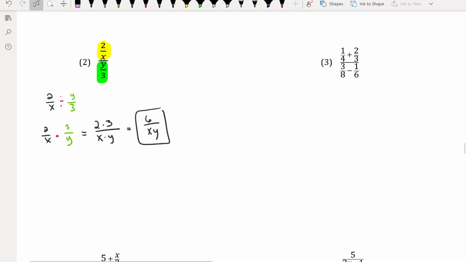Number 3, we have addition and subtraction within our complex fraction, and that's okay. Just remember that this is still my numerator, and I still have my denominator down below.